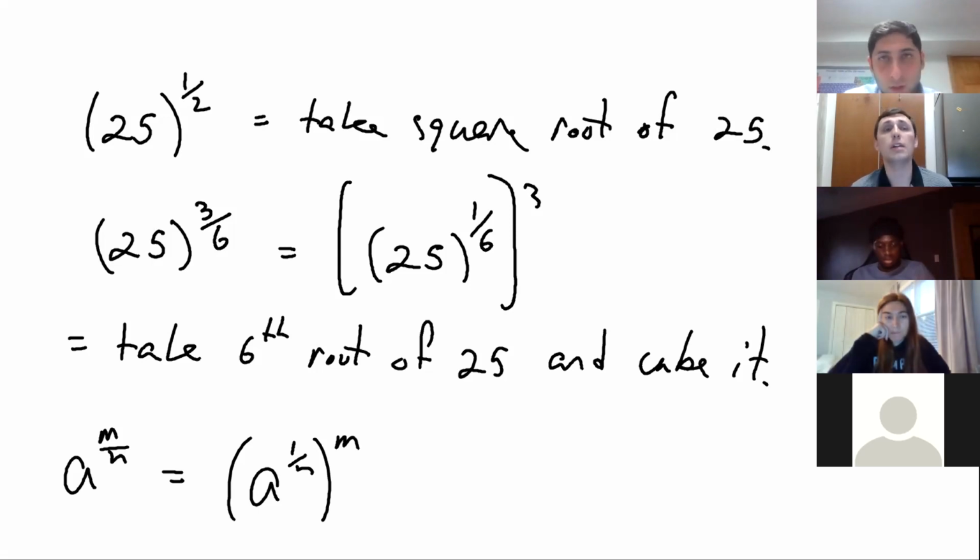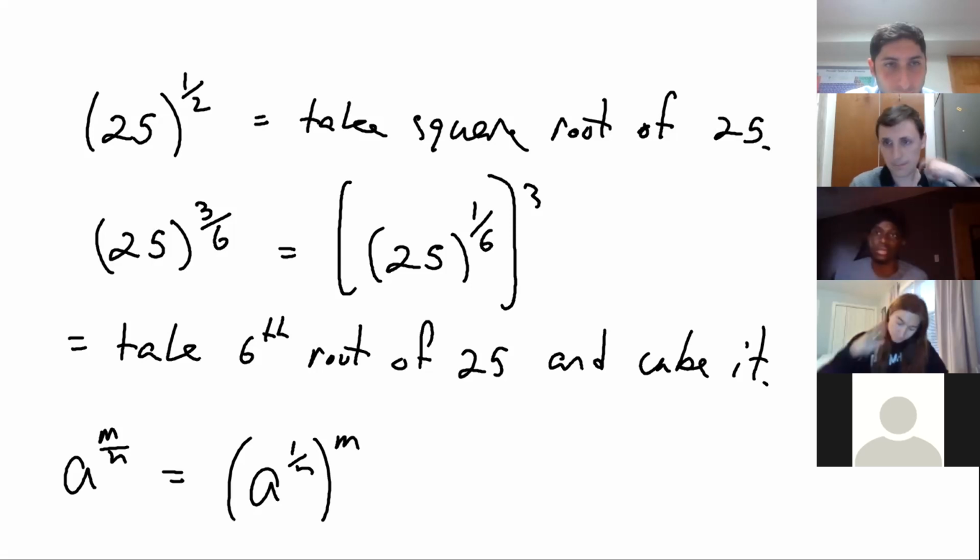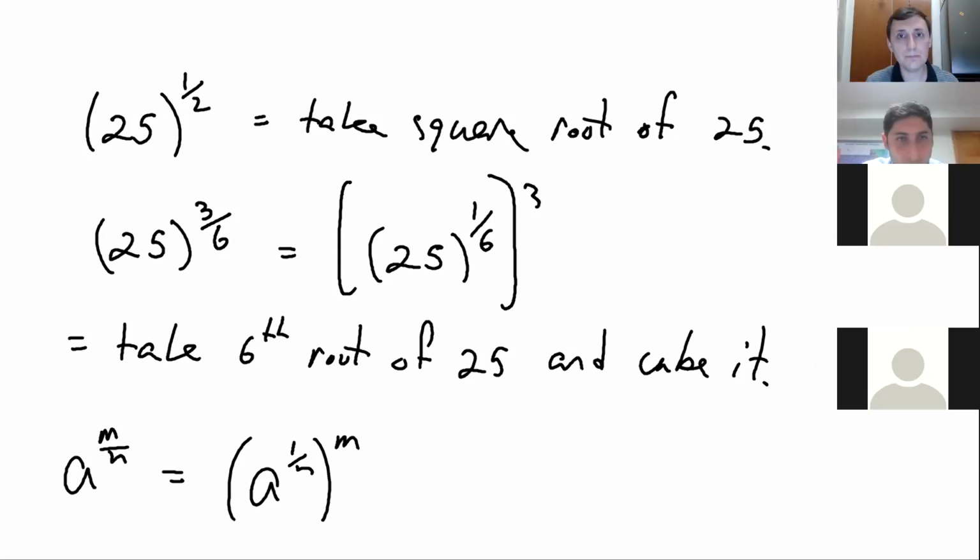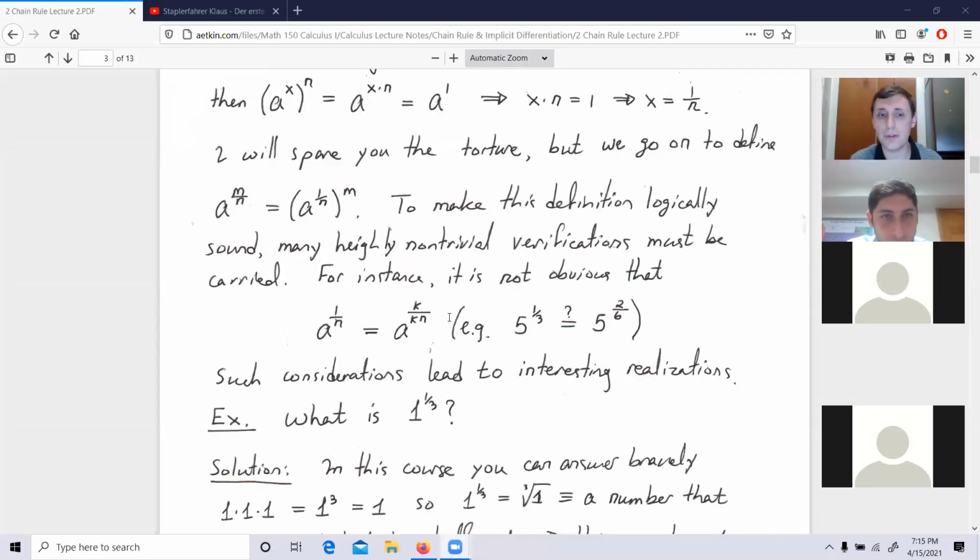If you say take 25 to the power of 3/6, it means take the 6th root of 25 and then take it to the 3rd power. How do you know that it always yields the same as if you just simplify the fraction? It will, guys. You can prove it. It's a good exercise for you to deal with.